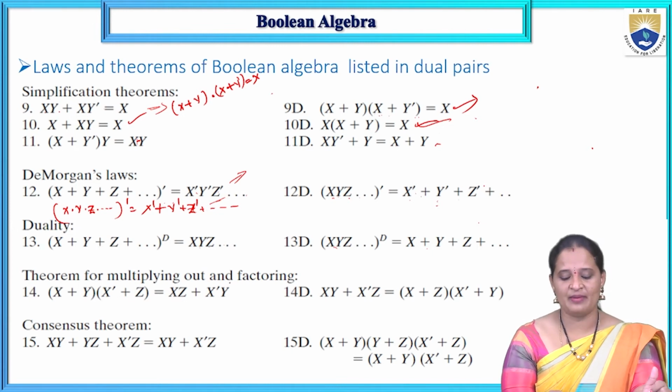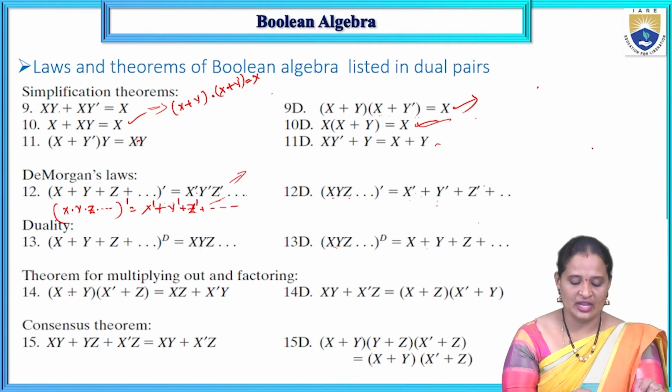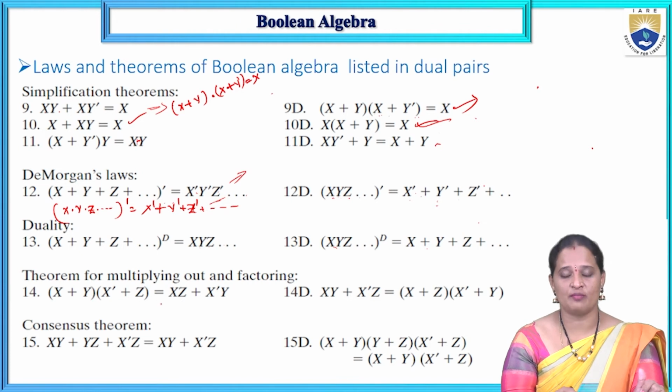And the theorem of multiplying out and factorizing. So we are going to factorize a Boolean expression. That is x plus y into x complement plus z is equal to xz plus x complement y. Okay, so this is the factorization here.